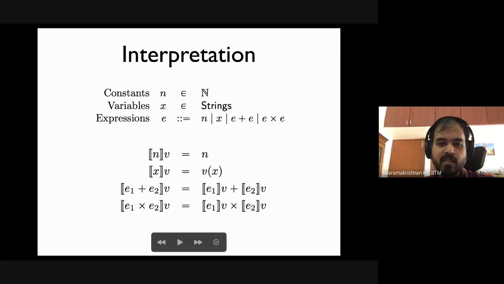Whenever you see a v, you imagine it to be the finite map from variables to values. So for the term e1 plus e2 interpreted under v, you interpret e1 under v, which gives you a natural number, and you interpret e2 under v, which gives you another natural number, and this plus you read as just natural number addition.